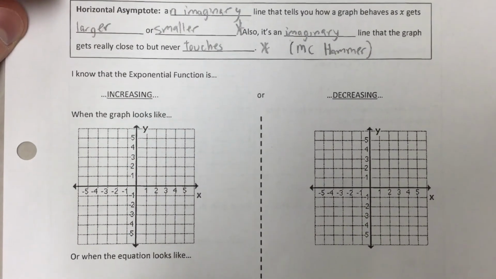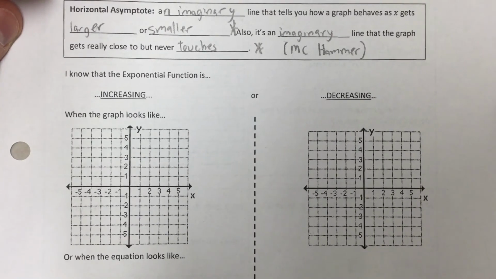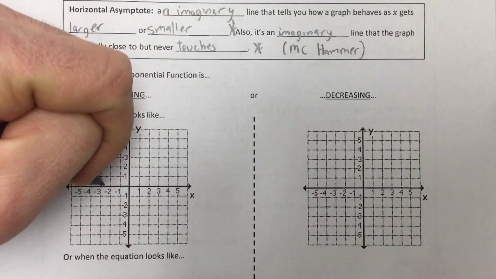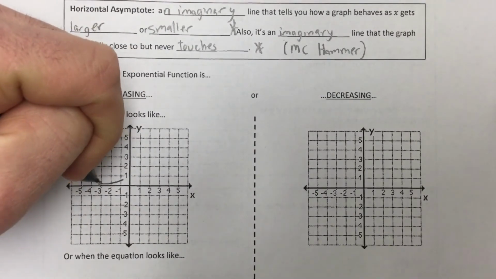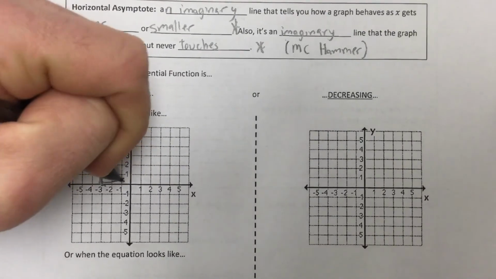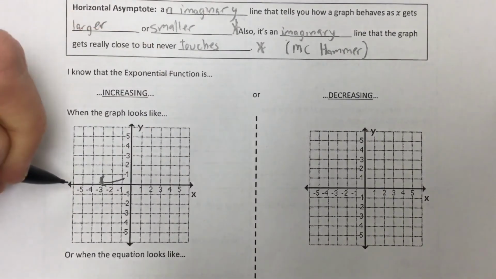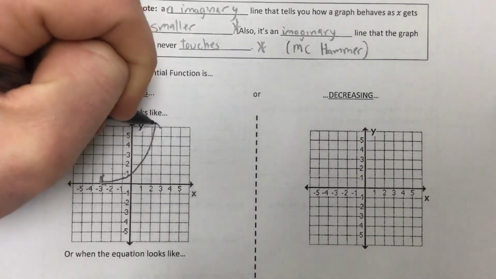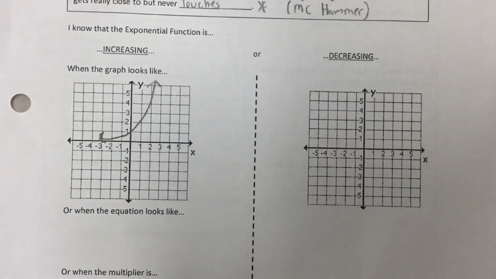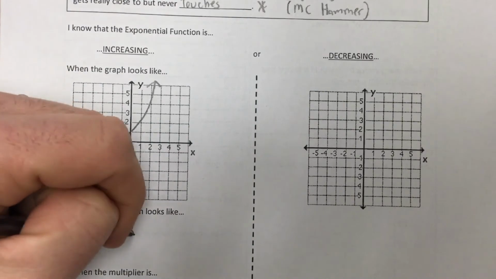All right, as we keep going on, increasing. I know that the exponential function is increasing when the graph starts low, close to our asymptote, so close to a y value of 0, but never touching it because MC Hammer's here saying you can't touch this. And it's going to curve up. Or when the equation looks something like y equals 2 to the x.